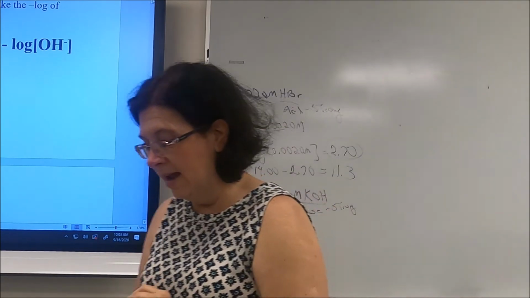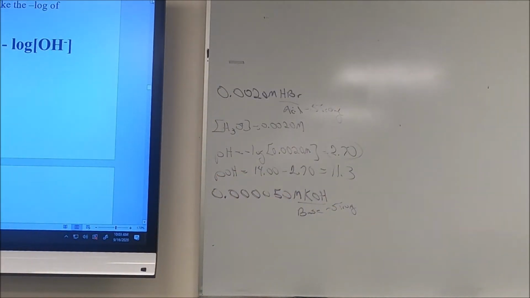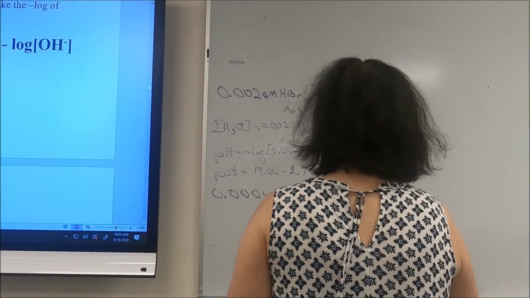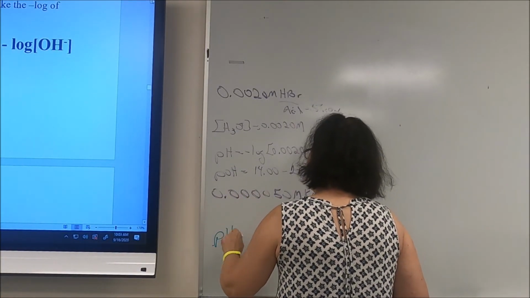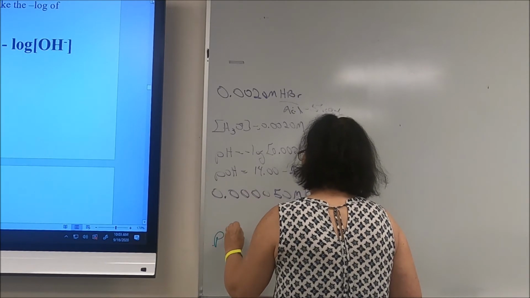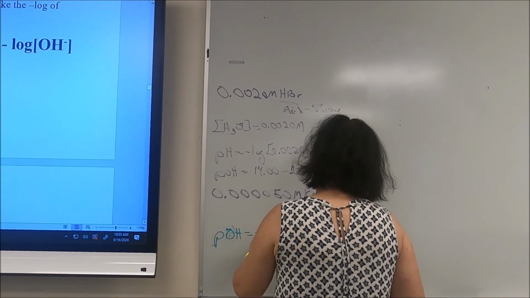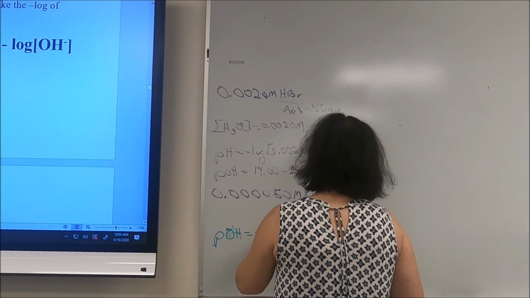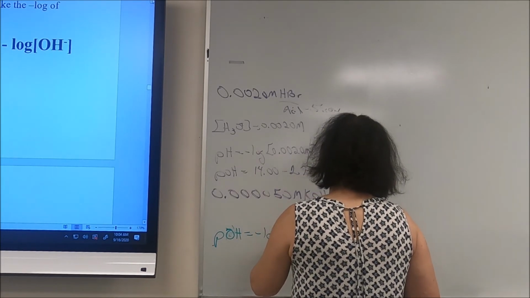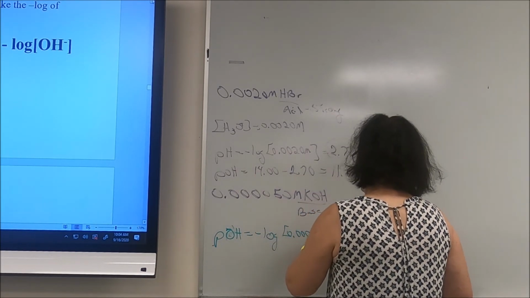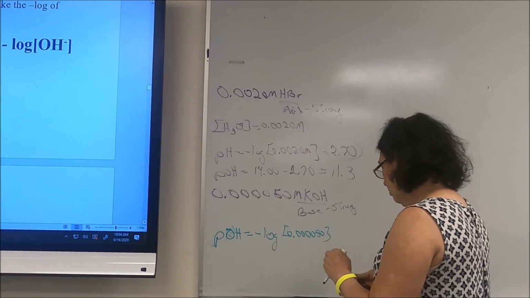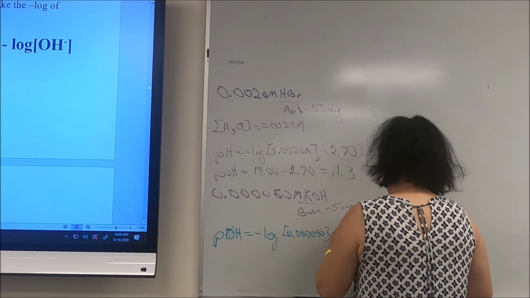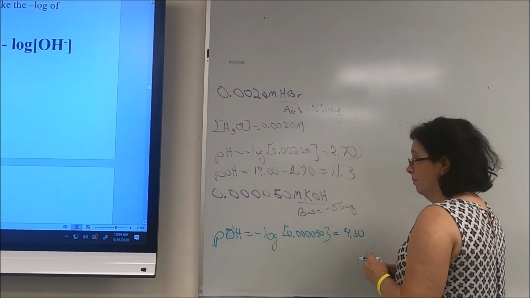Now, down here, KOH, this is a base, and it's a strong base. Since this is a strong base, I can say the pOH equals the negative log of 0.000050, and I get 4.30.